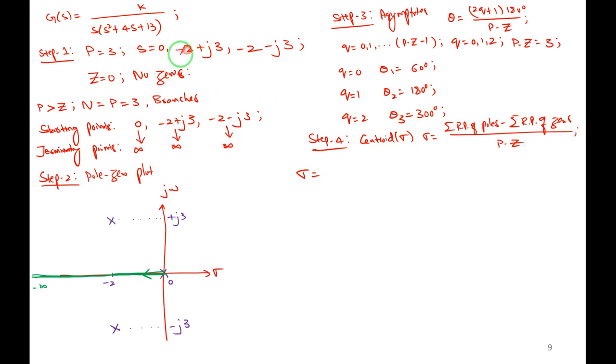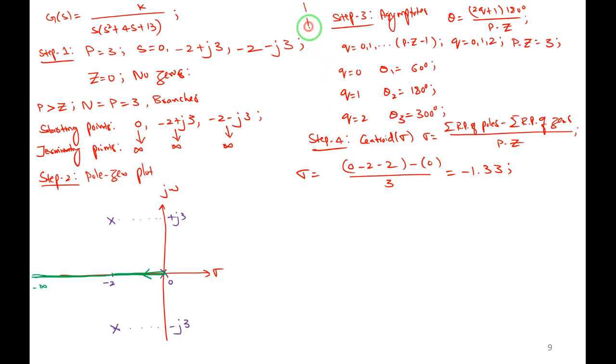For 0, minus 2 plus j3, I should take only minus 2 and neglect j3. For minus 2 minus j3, I take minus 2. So 0 plus minus 2 plus minus 2, add all the real parts of poles. There are no zeros. Divided by p minus z, which is 3. So minus 2 minus 2 is minus 4, minus 4 divided by 3. So I am getting minus 1.33.